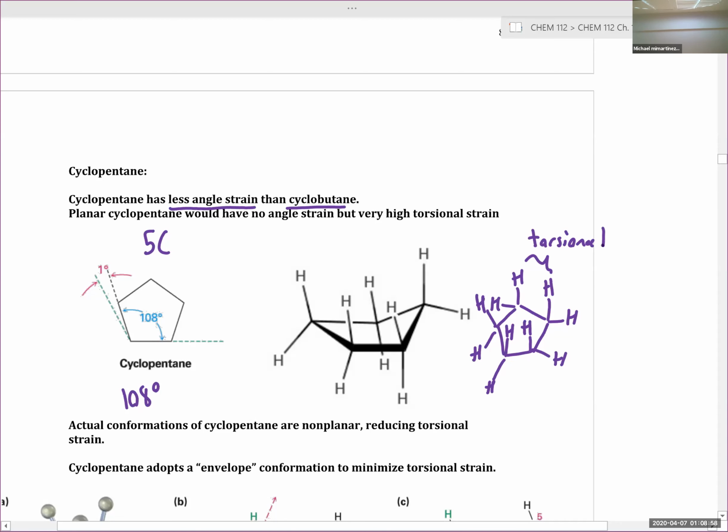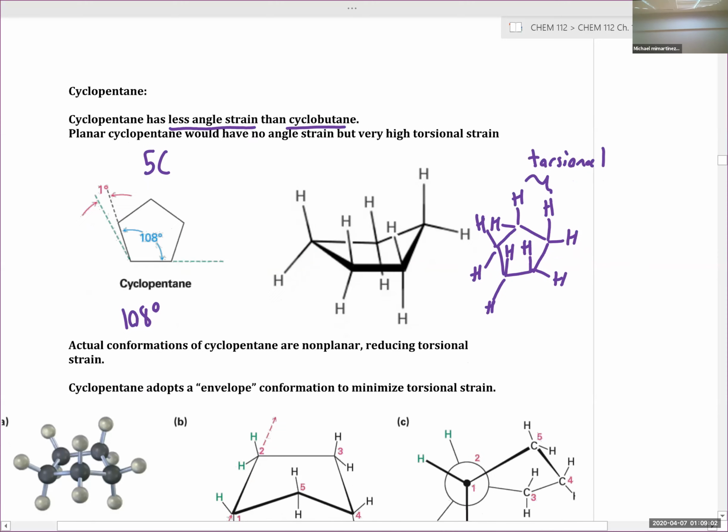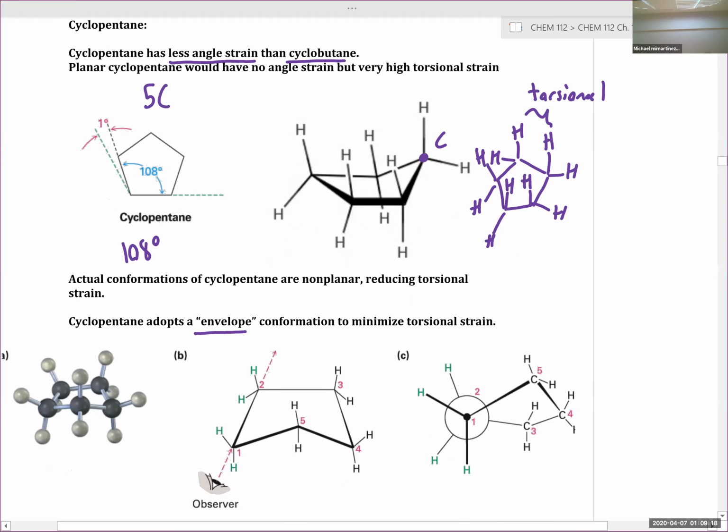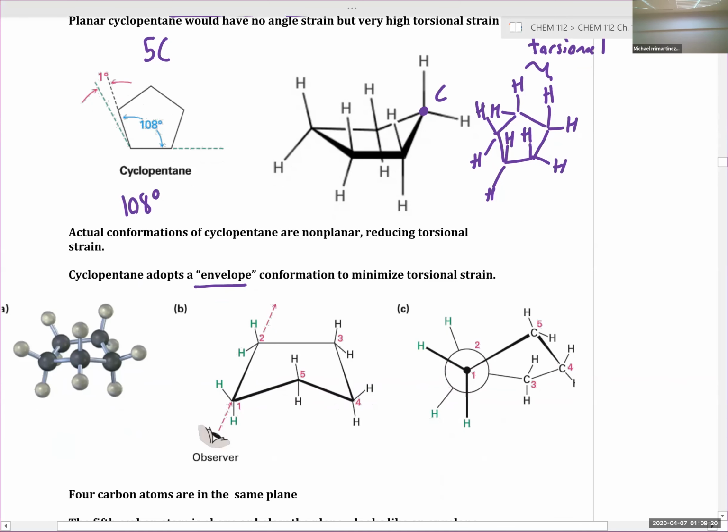So to alleviate this problem, cyclopentane adopts what is known as an envelope conformation, where one of our carbons is substantially bent out of the plane of the page. Now, why does this happen?